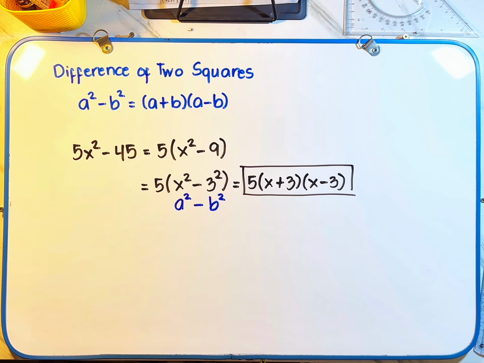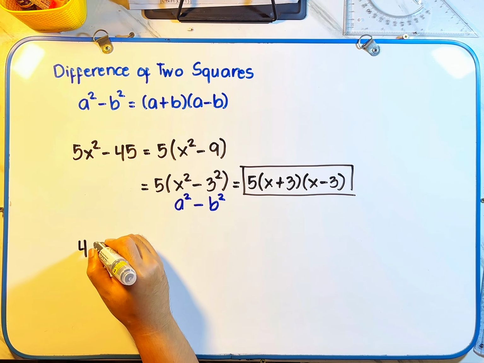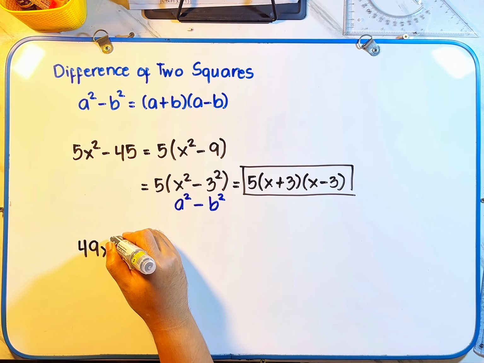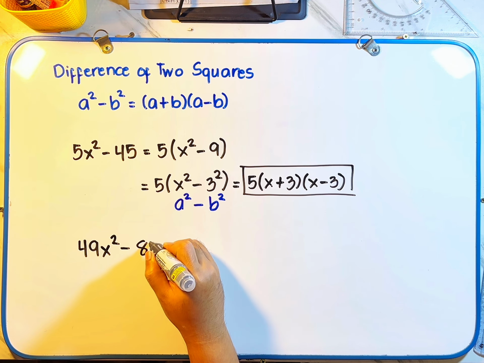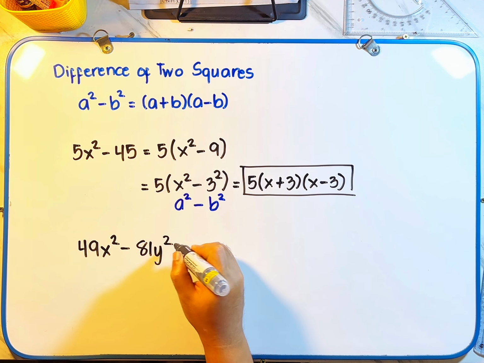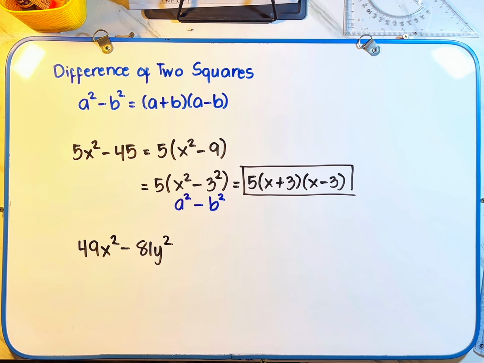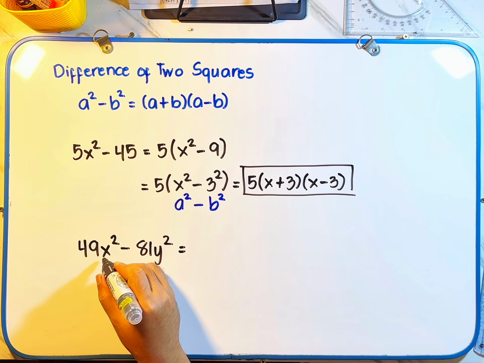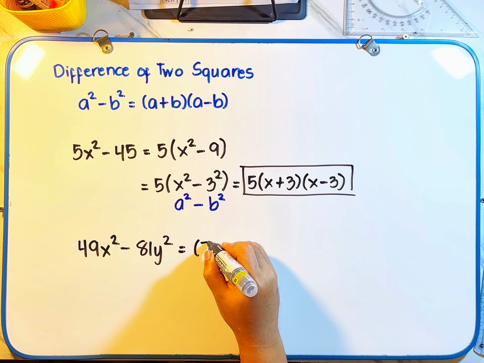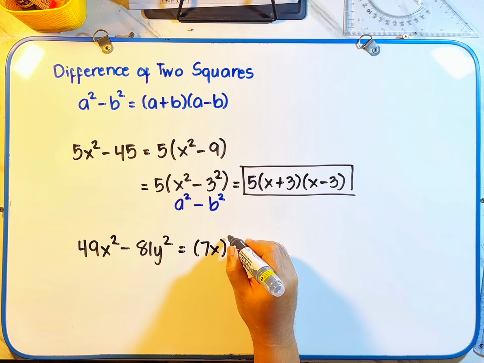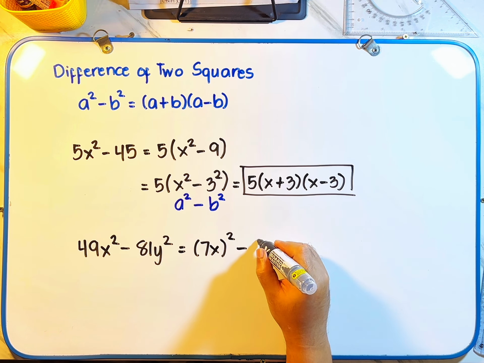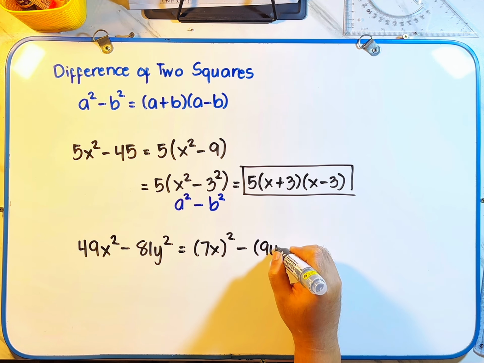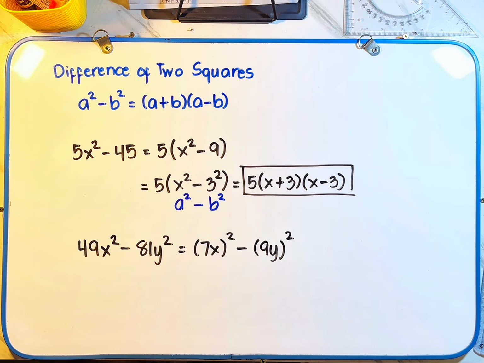Let's try one more. Say we have 49x squared minus 81y squared. So what is the factored form? Okay. 49x squared is expressed as 7x squared, and then minus 81y squared can be expressed as 9y squared.